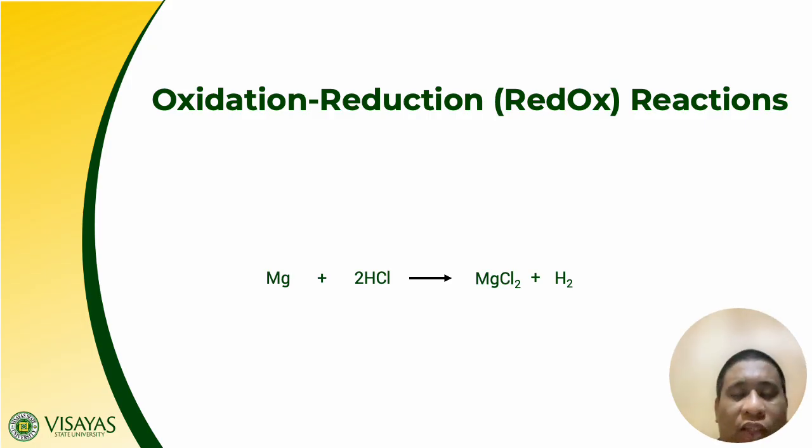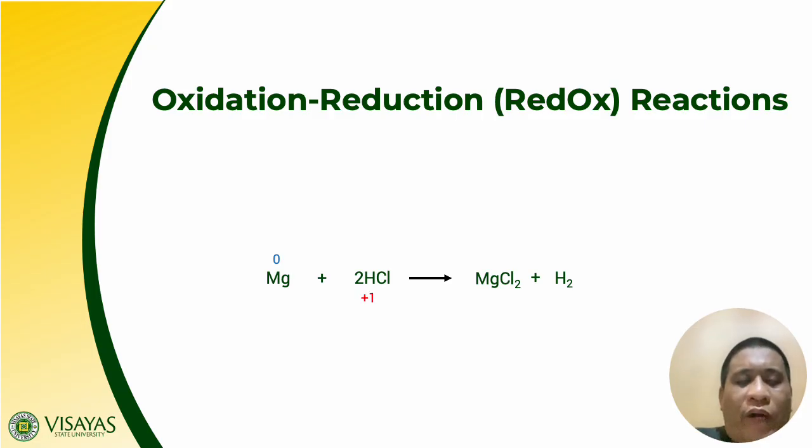So we can check each of the elements. So for magnesium, that would be 0. Again, recall the rules that if the element is in its free state, meaning it's still uncombined from other elements in the chemical reaction as represented, then its oxidation number would be 0.